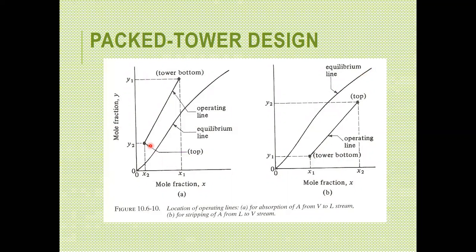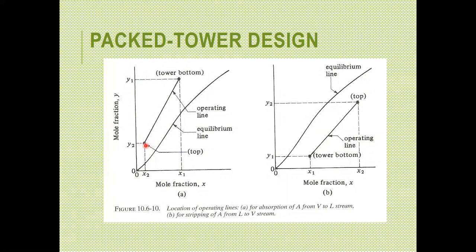As you can see, it has 2 points. So 2 points determine a line. So what do you need to plot these points? You just need the compositions. So these are compositions X1 and Y1, the tower bottom compositions. And these are the top of the tower compositions.